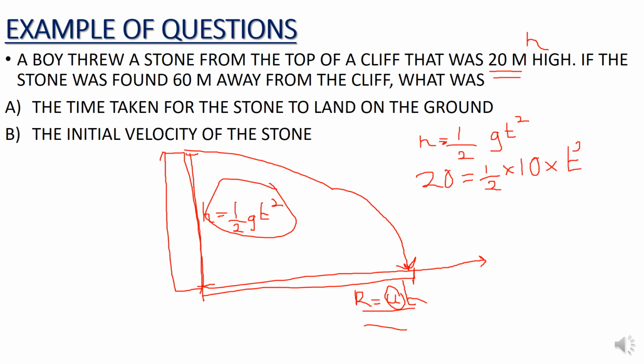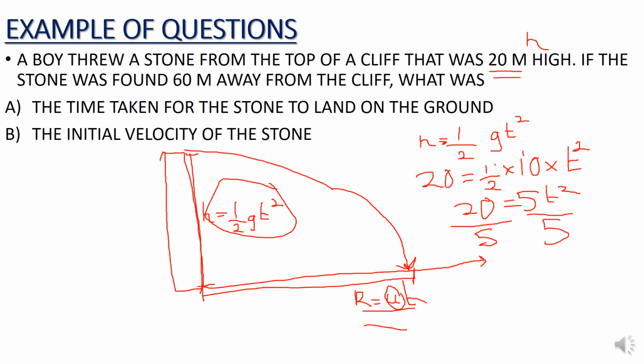First of all, we can multiply a half and 10. So a half times 10 is 5. So 20 is equal to 5t squared.